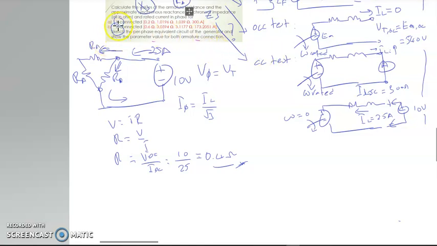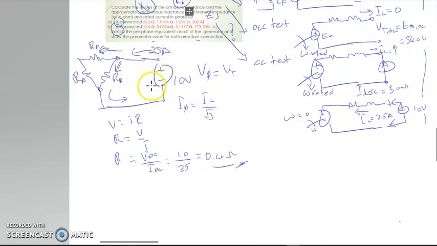Okay, so now we are connecting in a delta connected system. For delta connection, you can see here our V phase and V terminal are at the same values. So V phase is equal to V terminal. But in terms of current, the I phase that flows through our RA is not the same as the current that comes from the DC source.